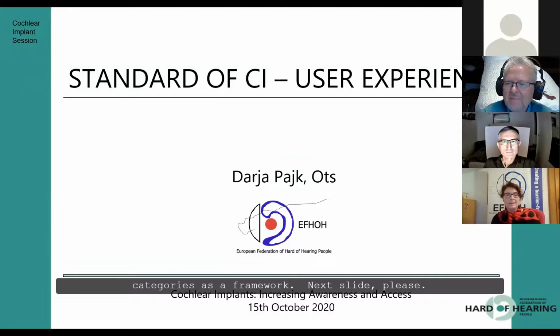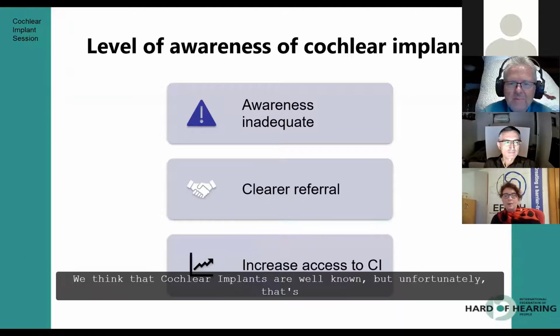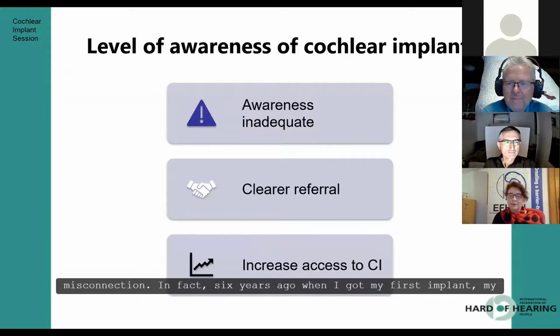Next slide, please. We think that cochlear implants are well known, but unfortunately that is a misconception. In fact, 6 years ago, when I got my first implant, my personal doctor at the primary level of healthcare and my otologist were not familiar with them.